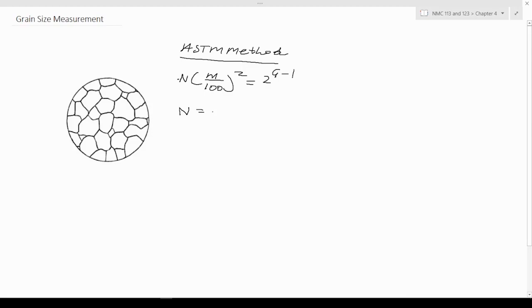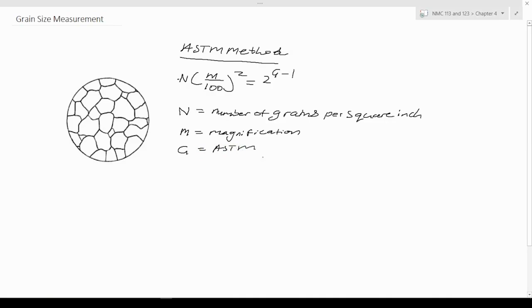So n is the number of grains per square inch, and then m is the magnification, right? And g is the ASTM grain size number.